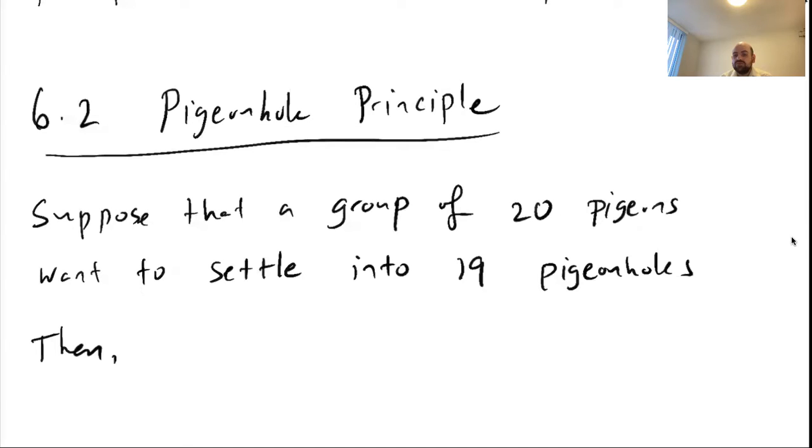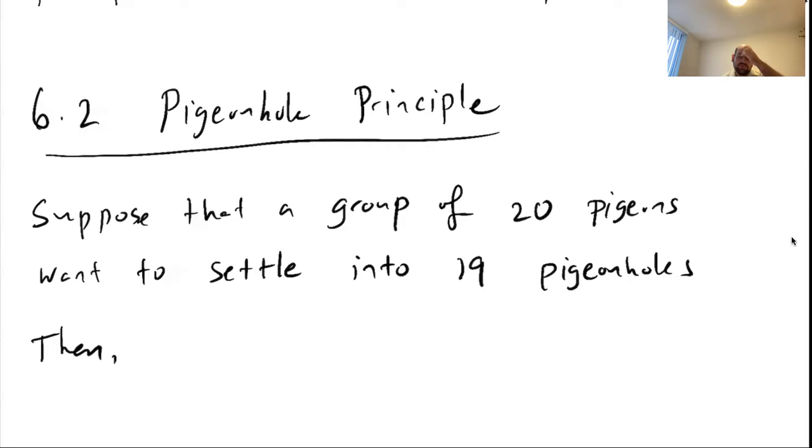So one pigeonhole must contain at least two pigeons. Or another scenario could be, let's say first pigeon goes to the first pigeonhole and second pigeon also goes to the first pigeonhole. Then again, already we have one pigeonhole with two pigeons.